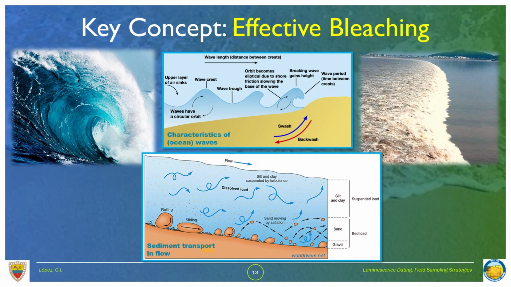And this is extremely important to understand for every single deposit or unit that you're going to sample. And understand the process itself, because sometimes only the grains at the very surface of that deposit are going to be the best bleached, as opposed to those in the center of the deposit or at the back of the deposit.